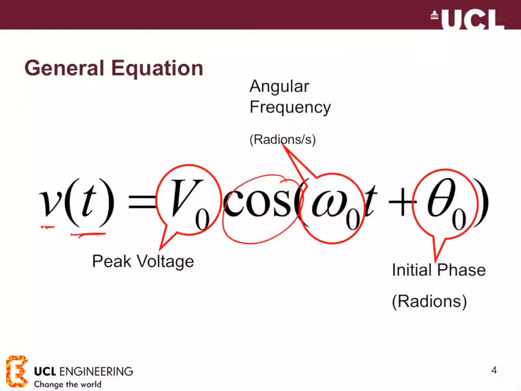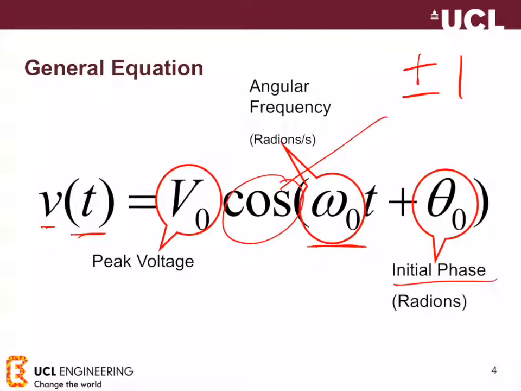We know that the cosine function generally moves between plus and minus 1. And what we have here is an element that varies in time. So this is going to determine how fast our function varies as a function of time. That's the frequency, how fast we go through those cycles we saw in the previous slide.